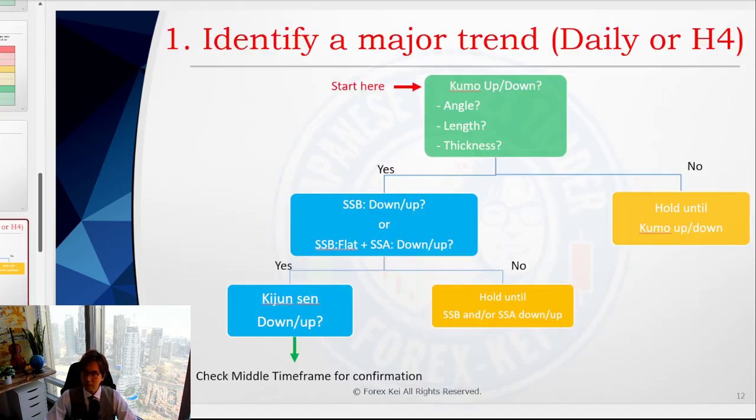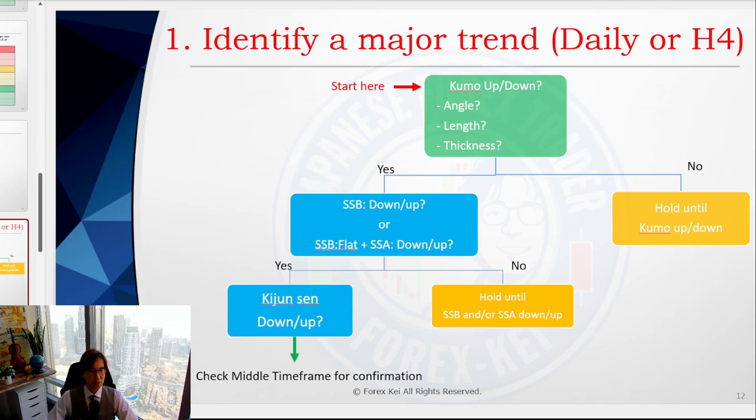Once you look at the Kumo, you check whether Senkou Span B is up, or Senkou Span B is flat, or Senkou Span A is up. In that example, Euro USD, Senkou Span B was flat and Senkou Span A was also flat, so you don't even go to Kijun Sen to take a look.